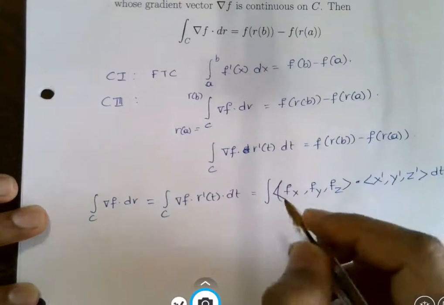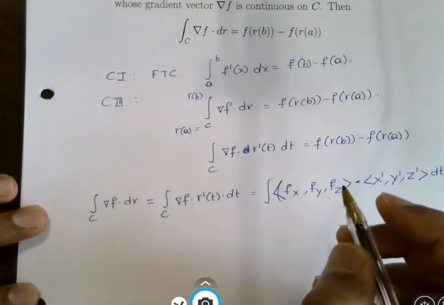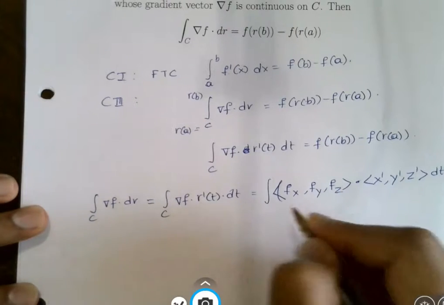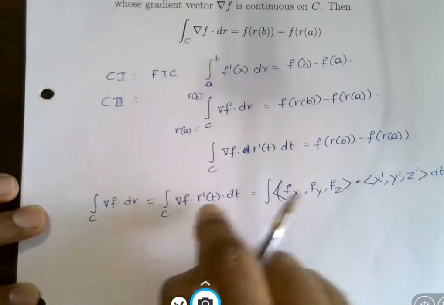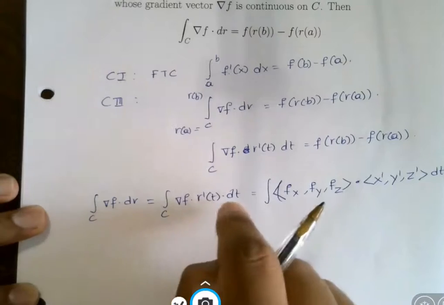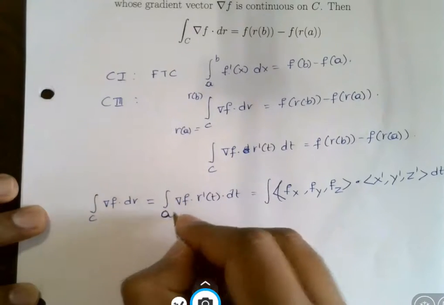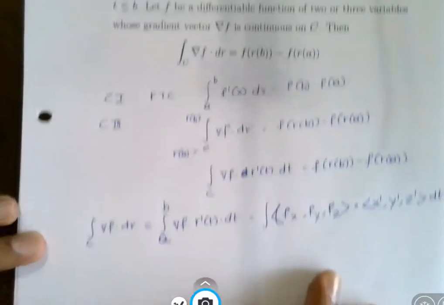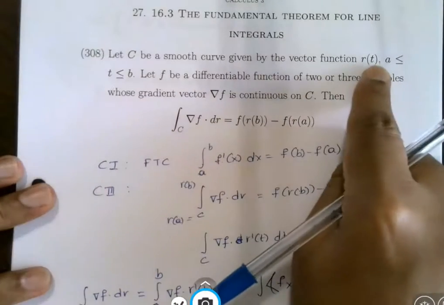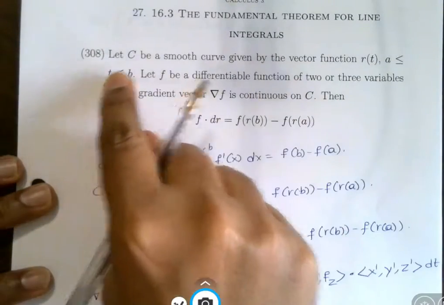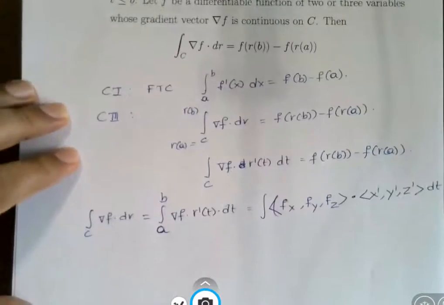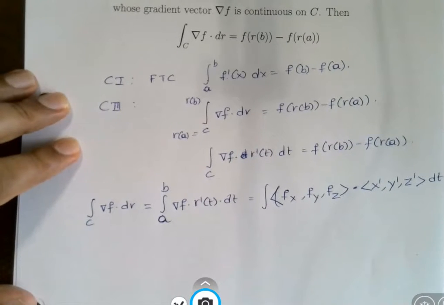Your limits were on the curve C, but because we moved from dr to dt, this is going to be from a to b, because remember your function when you are in the variable t, it is from a to b. When you are along the curve, then it will be r(a) to r(b).